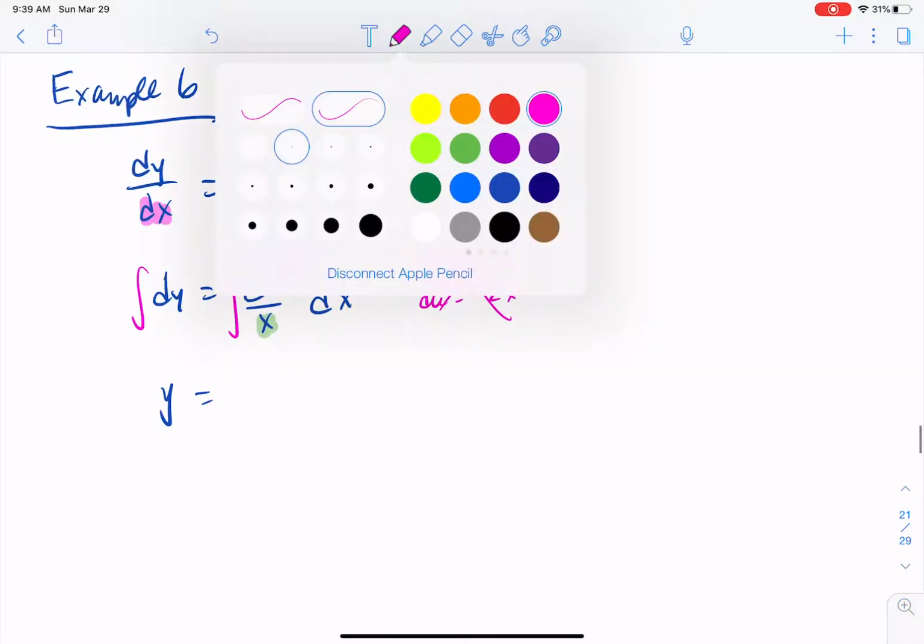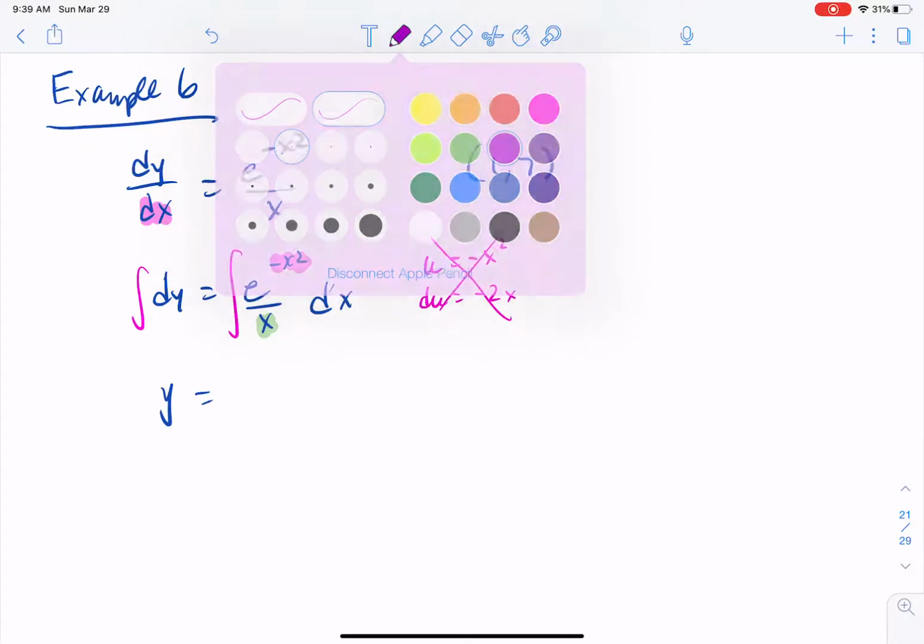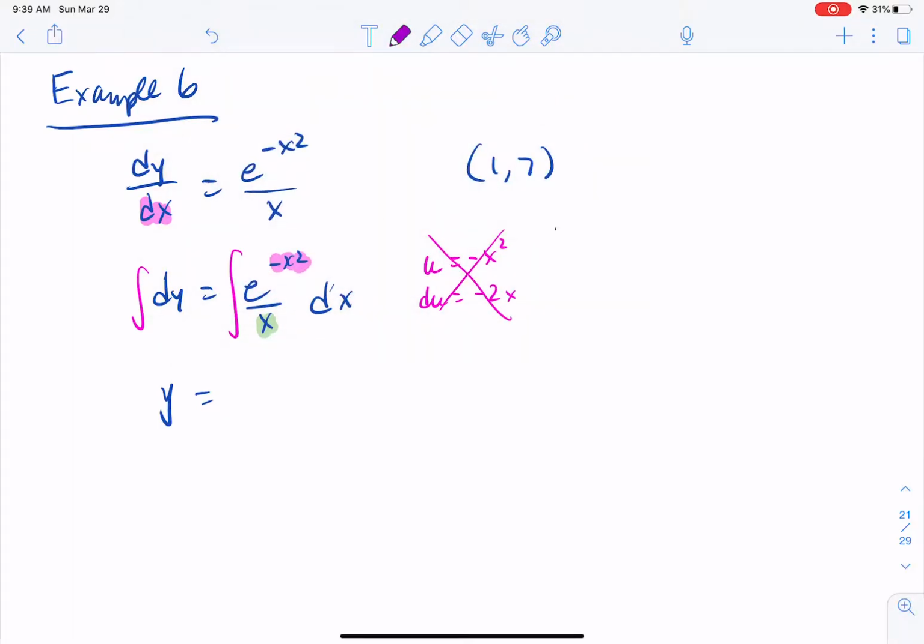Maybe if you're in BC, remember we talked about integration by parts. Maybe it's like that. So we've got basically 1 over x times e to the negative x squared dx. If we're going to do integration by parts, this one over here is a power function because that's x to the negative 1, and then we have our exponential.